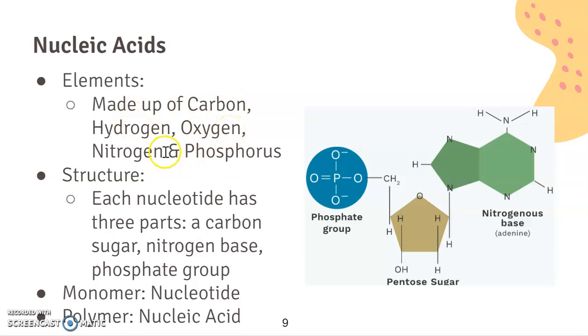We're adding nitrogen and phosphorus because if we break apart that nucleotide, we see that those are two components that make it up. And you can also see we've got some oxygen and hydrogen here, which makes up all of those elements that we have right here.